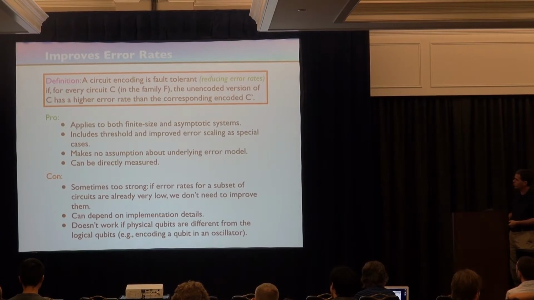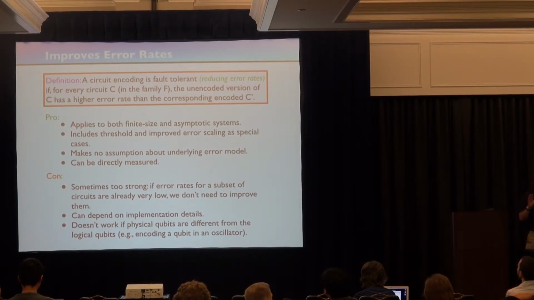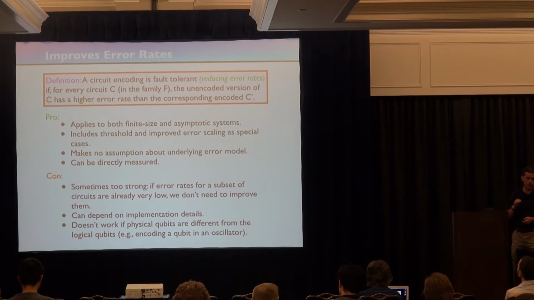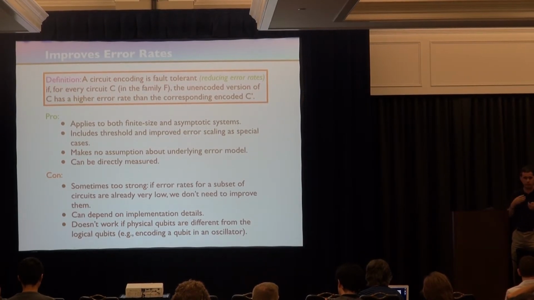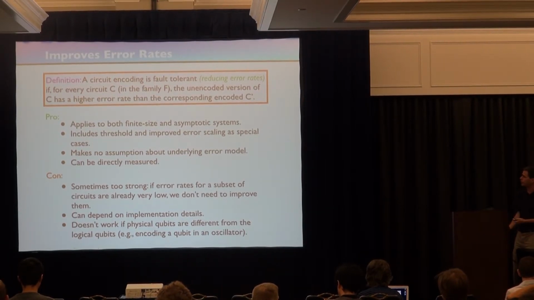Okay, so I'm going to end the list of definitions with the one that's my current favorite, and it has a number of problems too. So let me get that out of the way up front. But I think at least for the problem of how do you say if an experiment is fault tolerant, I think this is the best one.